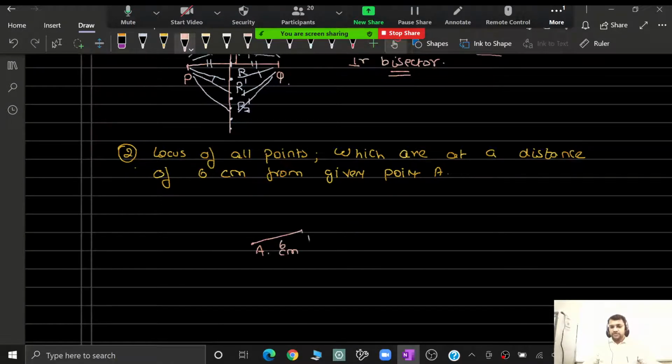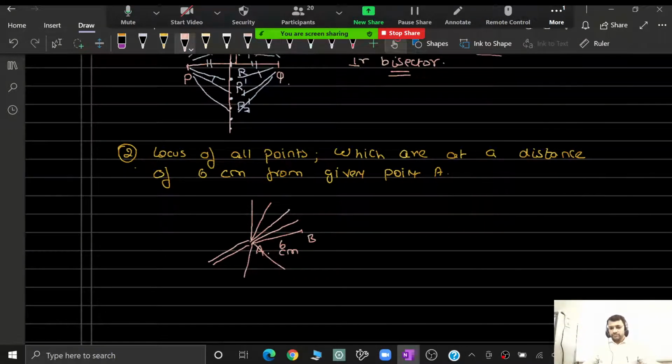Let me consider this is point B. So does it mean that only one point is at a distance of 6 centimeter? Then the answer is obviously not. There have to be many different points which will be at a distance of 6 centimeter in all the directions.